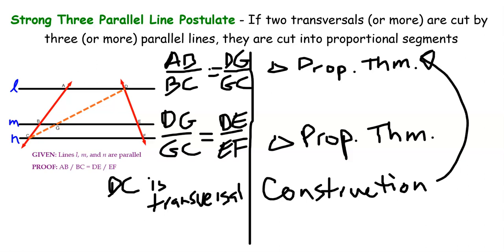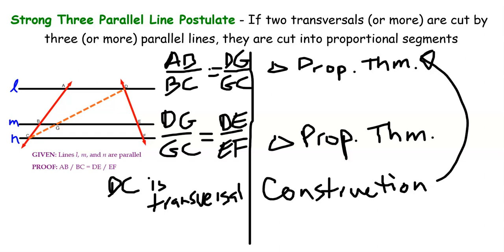Well, now we actually have everything we need to know in order to be able to prove the three parallel line postulate. We have AB over BC is equal to DG over GC, and we have DG over GC is equal to DE over EF.